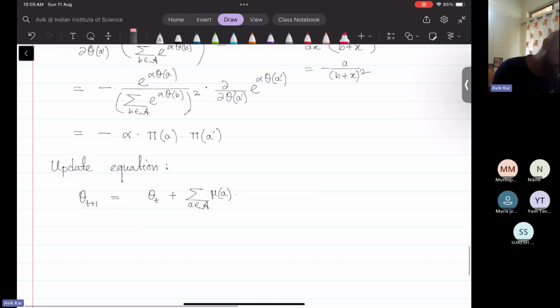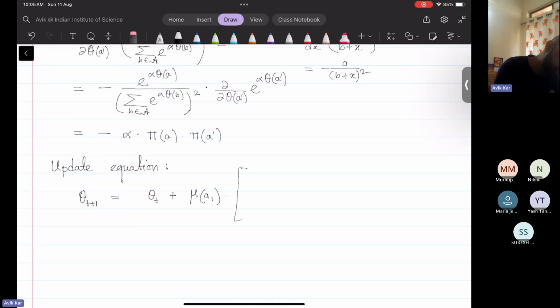Sorry, I have messed up. This is not two cases. Let me expand this thing. Mu A1, where you are considering arm A1.